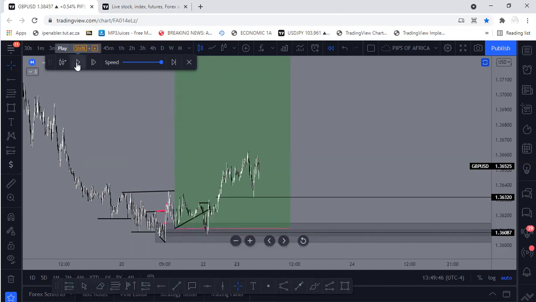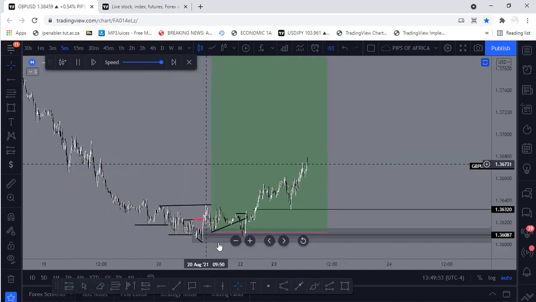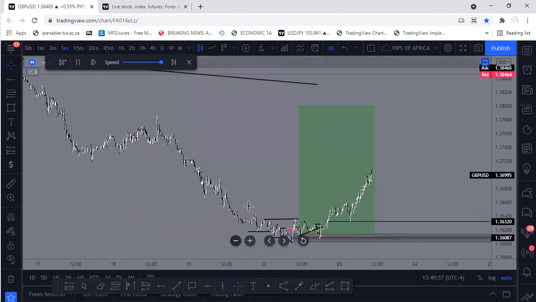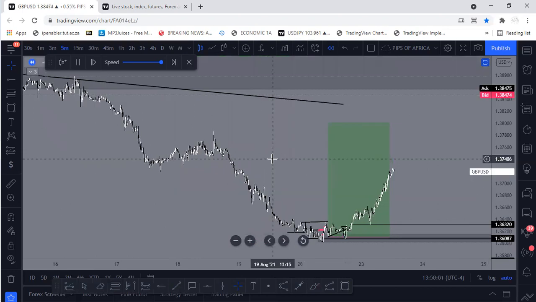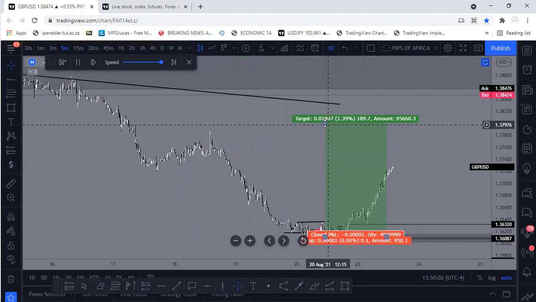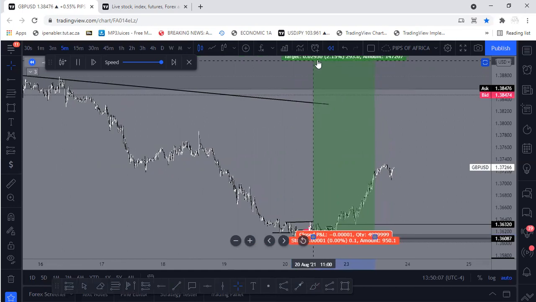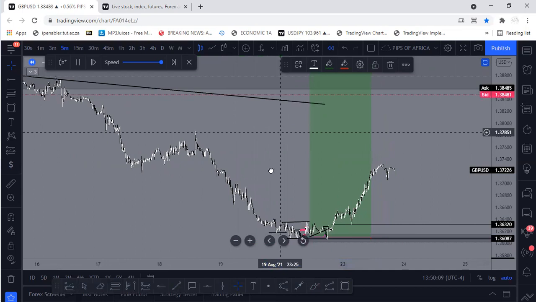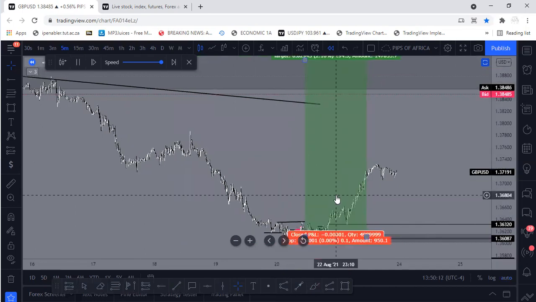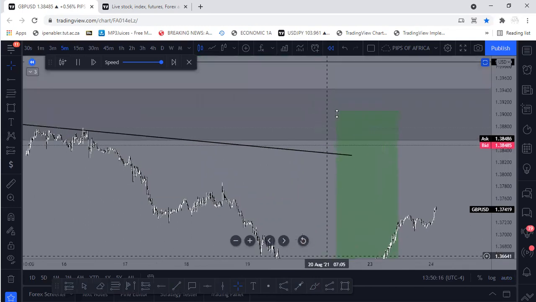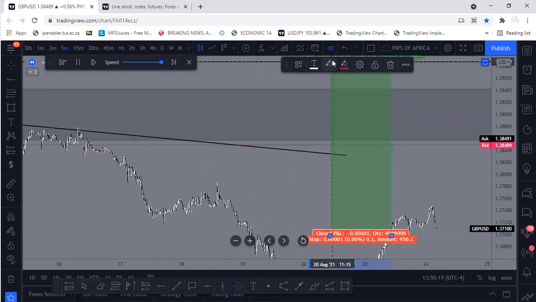So if it comes back, it takes me out in that smaller profit. Then I let it run. My TP is there.